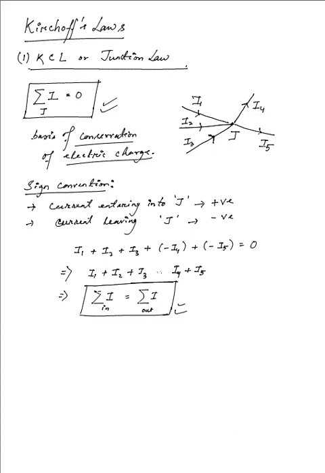After that we'll be applying Kirchhoff's law to the Wheatstone's bridge and its balanced condition. We'll be obtaining its balanced condition and using that for the meter bridge and other types of circuit as well, potentiometer likewise.